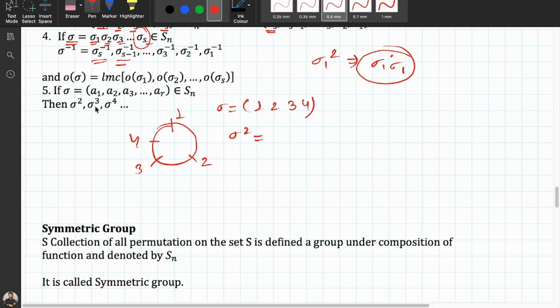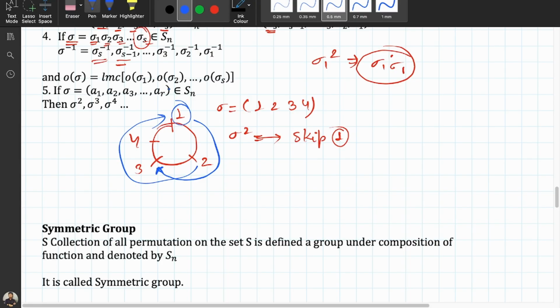Skip 1. Means 1 goes to 3, then 2 goes to 4, and then 3 goes to 1, right?